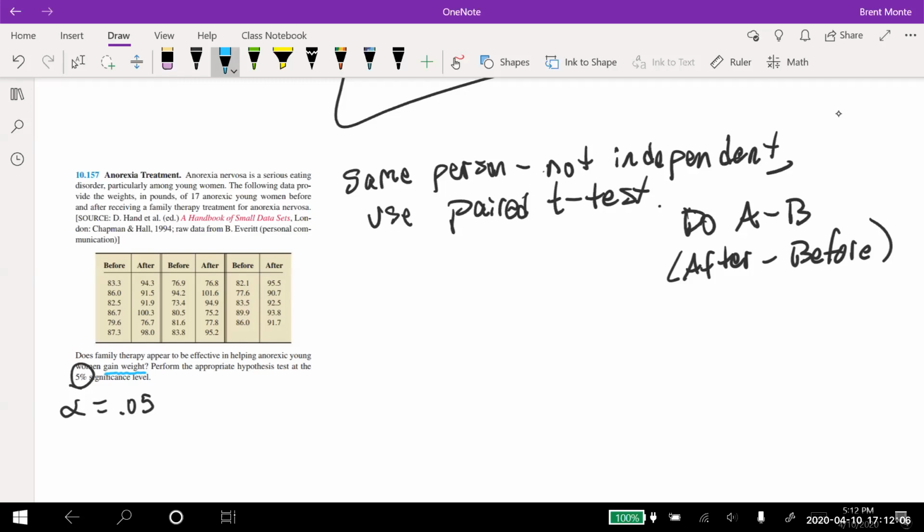I think, again, when we see gain weight, we think the null hypothesis is that mu1 is equal to mu2, but the alternative hypothesis is that mu1 is greater than mu2. That's not what we're showing. They're gaining weight. It's actually the other way around.